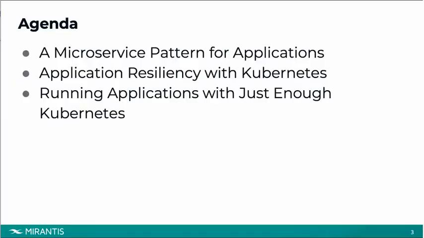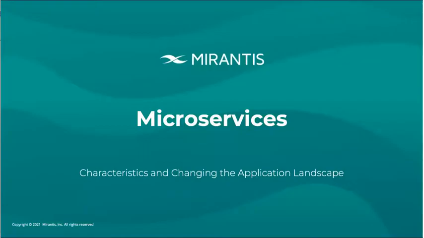So let's get started. In putting this together, it's really a good place to start with making sure there's an understanding around what we mean by running applications within Kubernetes. And for me, when I think of Kubernetes, the main thrust, or the main power, if you will, of using Kubernetes in your environment is running applications that are put together in a microservice design pattern.